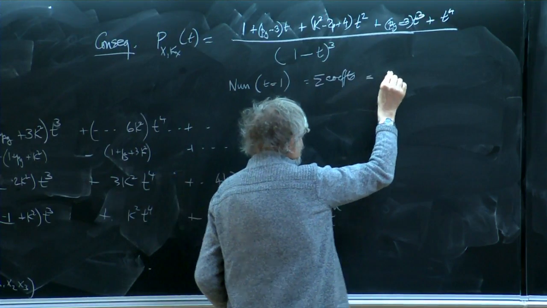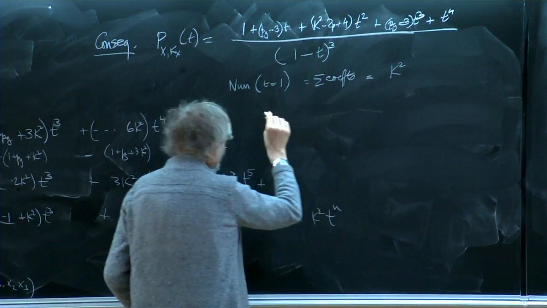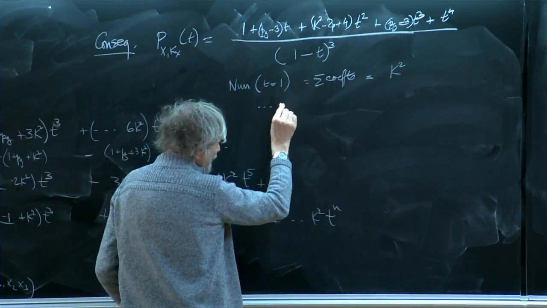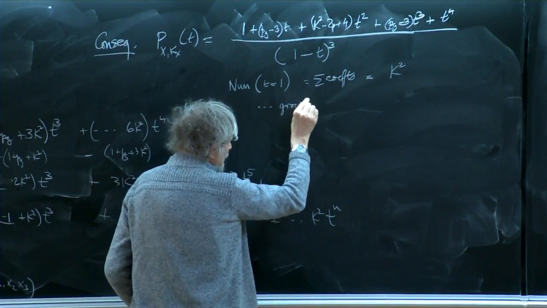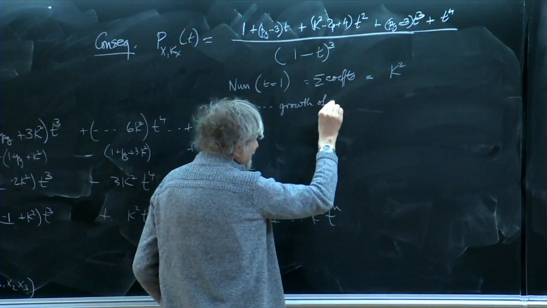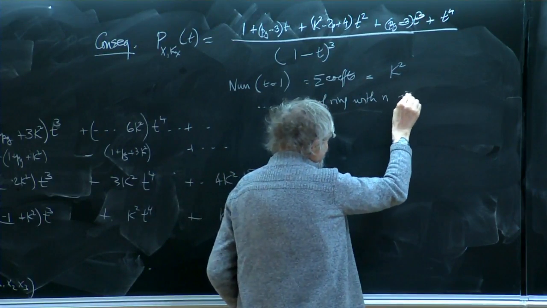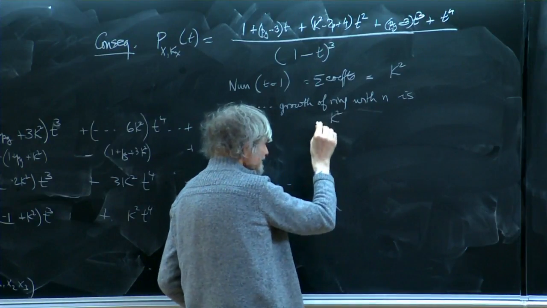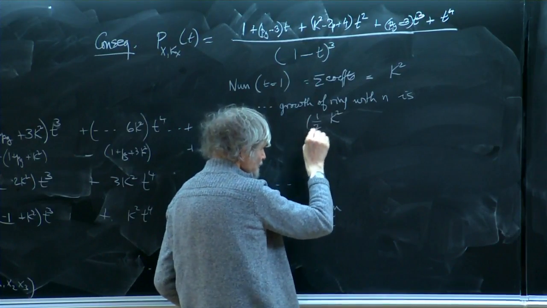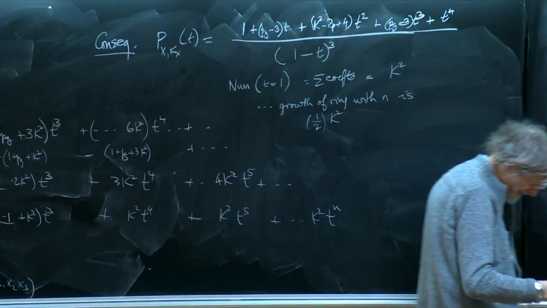And that's k squared. And that says that the growth of the ring with n is k squared, and then, you know, times this coefficient 1/2. 1/2 is the area of a triangle.